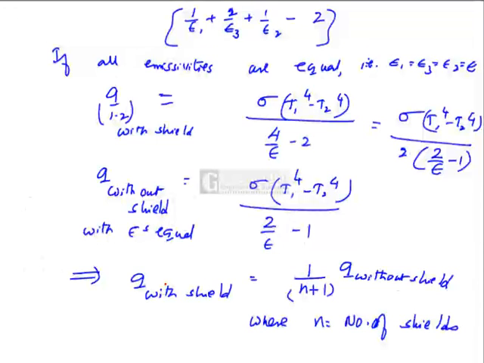So when we keep one shield between the two surfaces, the reduction in heat transfer rate is by 50%.